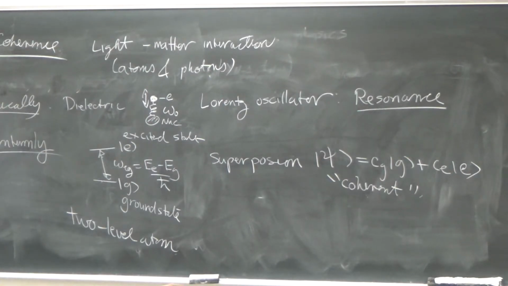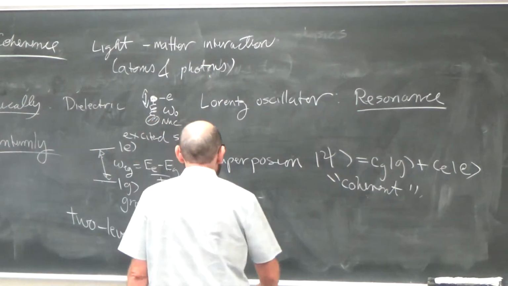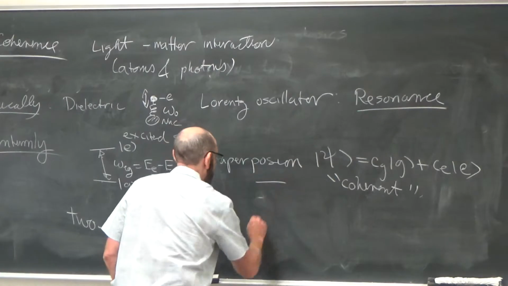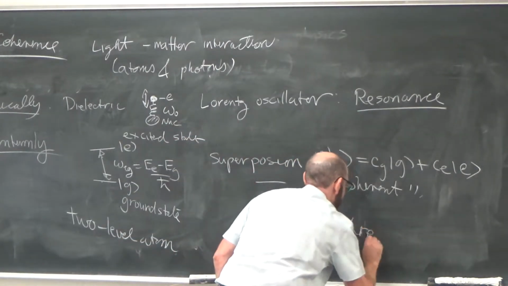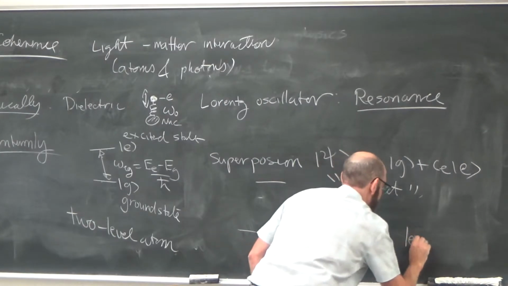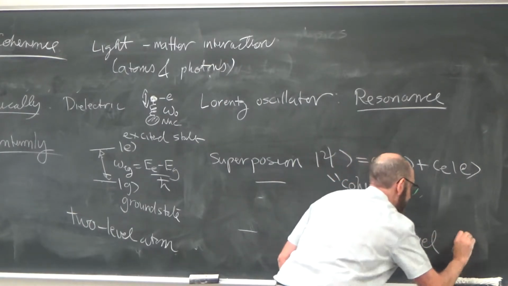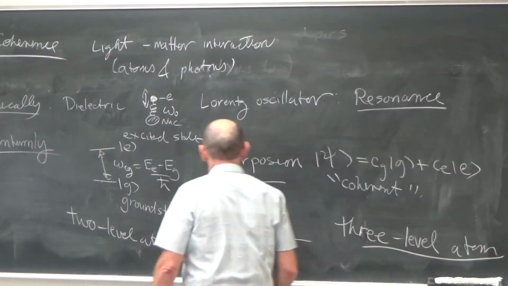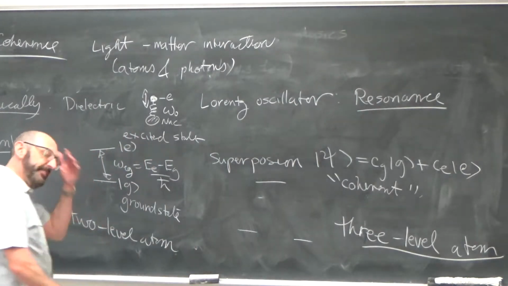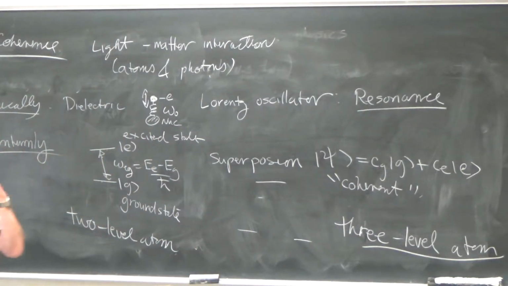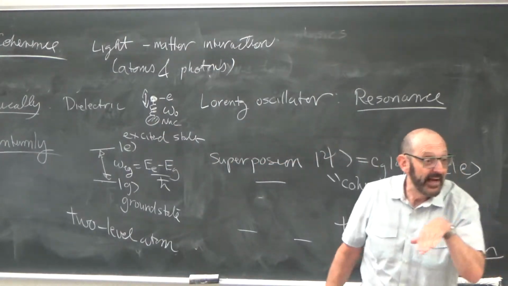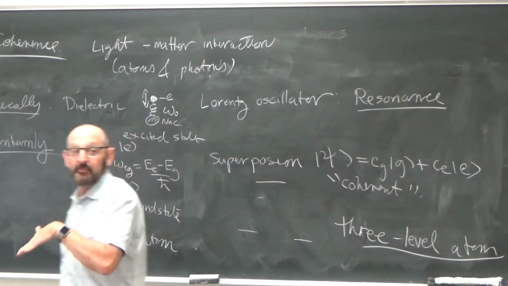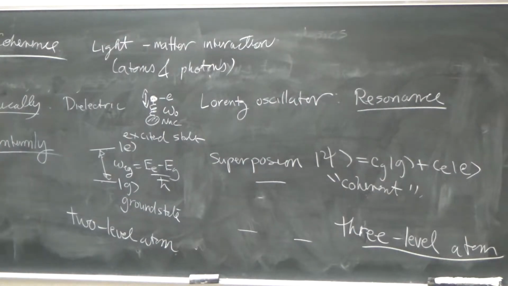What's an example of interference? Well, here's an example. Let's think about a 3-level atom. So now I'm going to have an atom. As you know, atoms' energy levels often have degeneracies, right? I might have multiple sublevels that have the same energy.